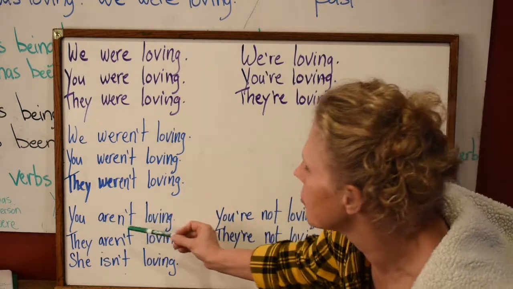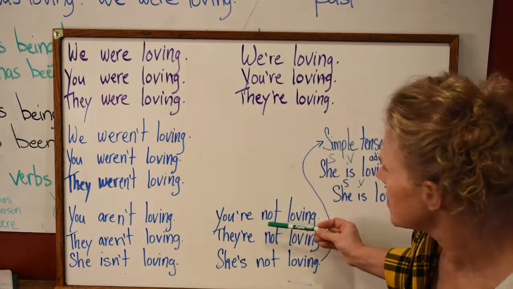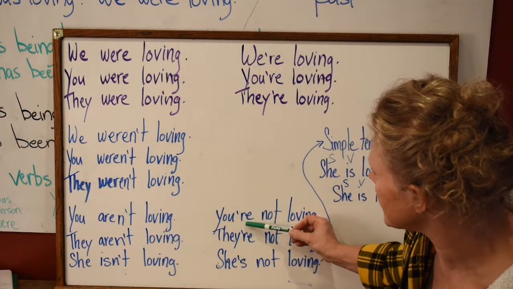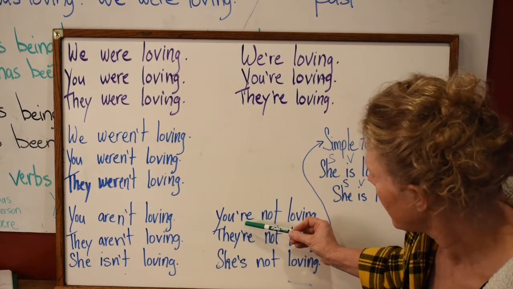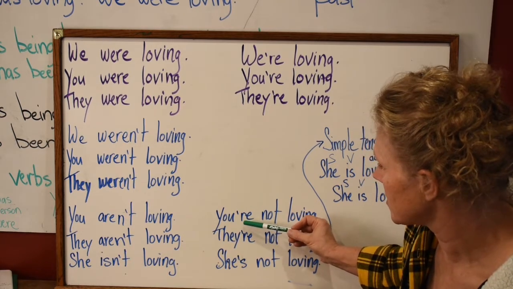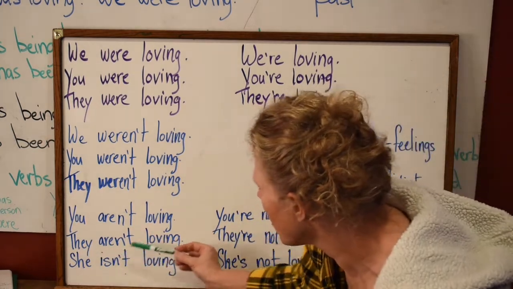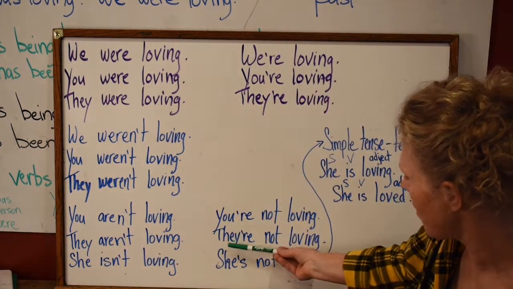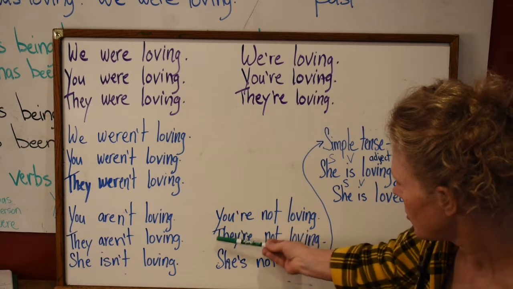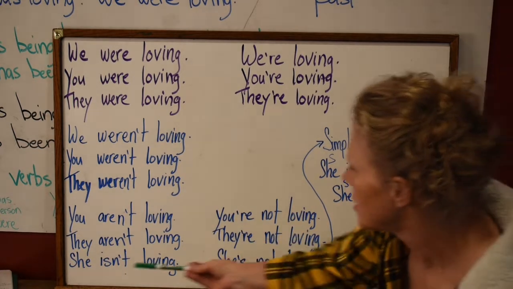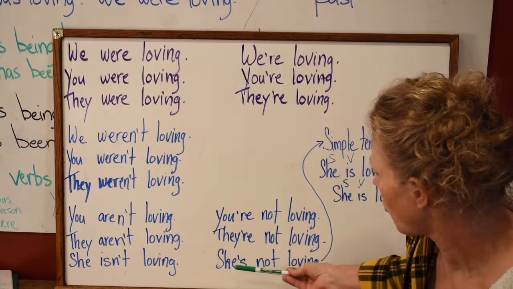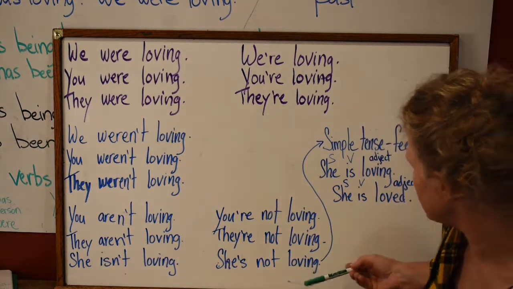You can't do both. Does that make sense? But see how in the present tense, right here, that can be contracted. "Are" is the present tense. "They aren't loving," or "they're not loving." You can do either or. "She isn't loving," or "she's not loving."